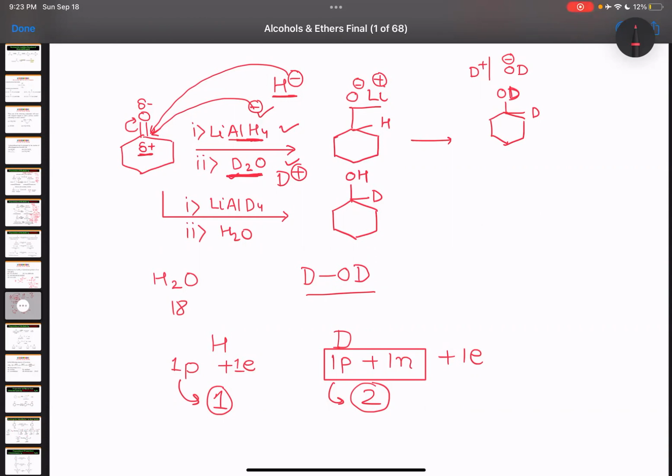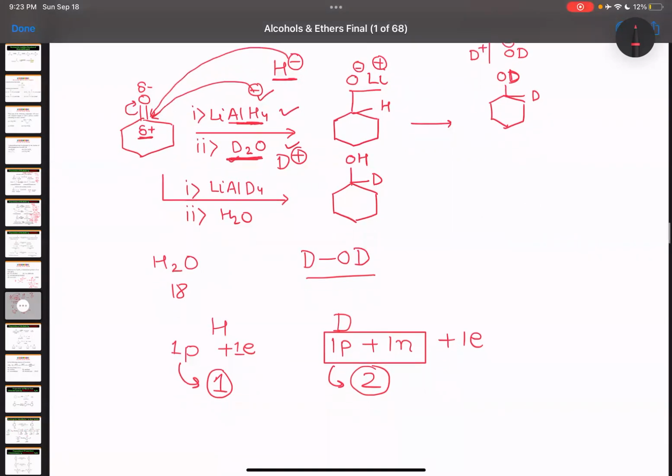So a lot of questions also come. Okay, so just a little bit. Here D minus will come out from the LiAlD4, and that is going to go and attack the carbon, D minus. And O minus will form, and H plus from the water. Water will give H plus, and this is the normal isotope.